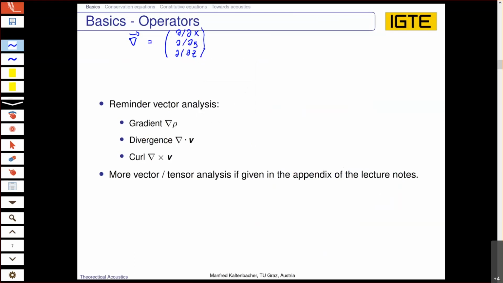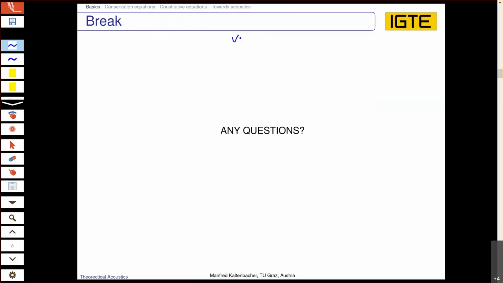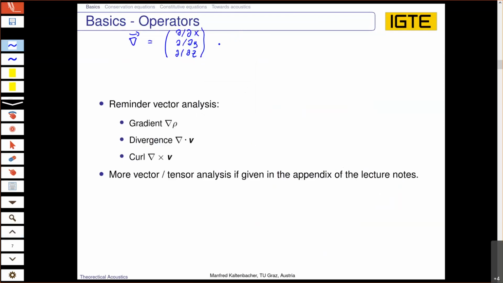Which means simply that if we take the gradient of the density, we take the partial derivatives of the scalar function with respect to x, with respect to y, and with respect to z.